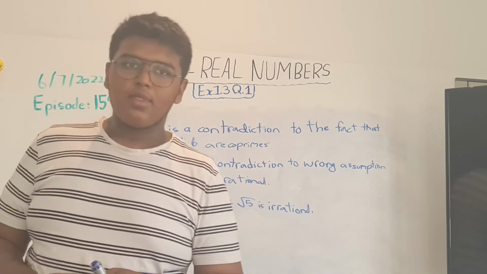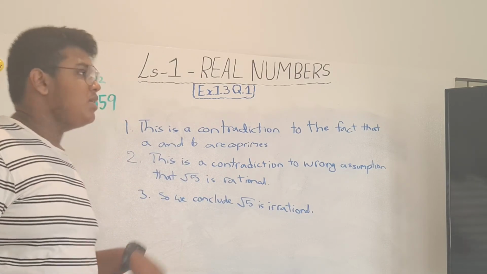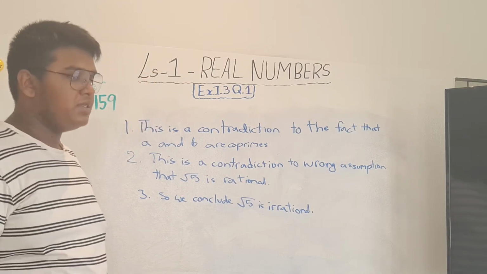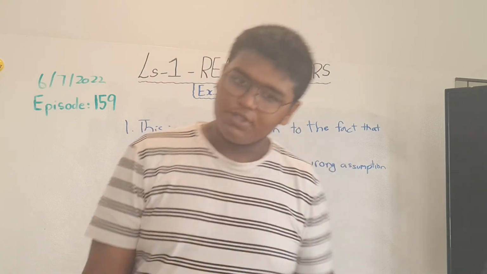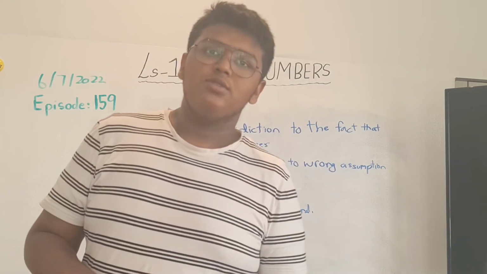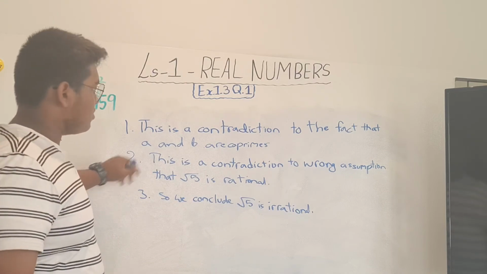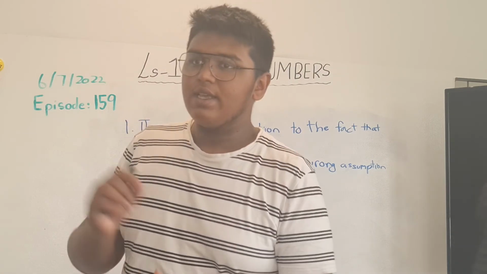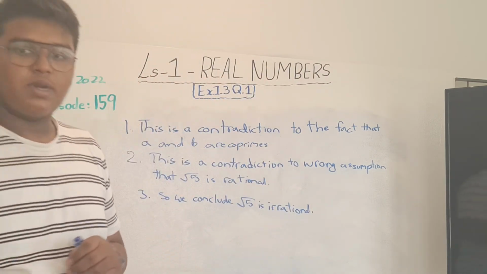We had assumed that, but this is the contradiction. Contradiction means it is the opposite, so it actually reversed. Here this is a contradiction to the fact. What is the fact? We had taken a and b as co-primes.